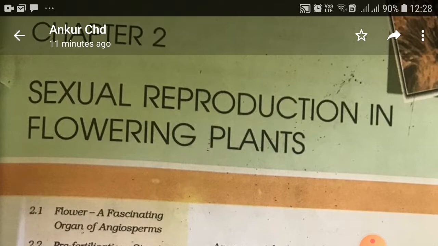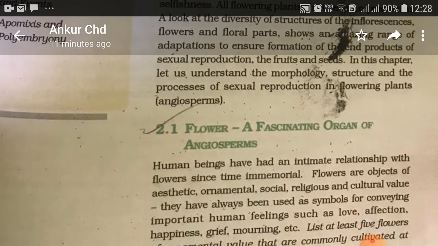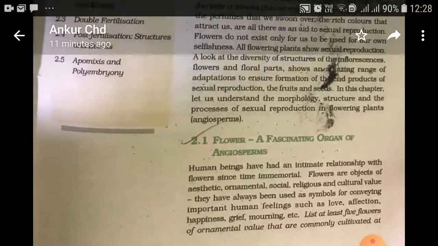A typical angiospermic flower consists of 4 whorls of floral appendages attached on the receptacle, that is the calyx, the corolla, the androecium and the gynoecium.